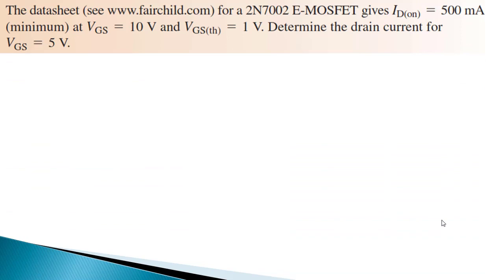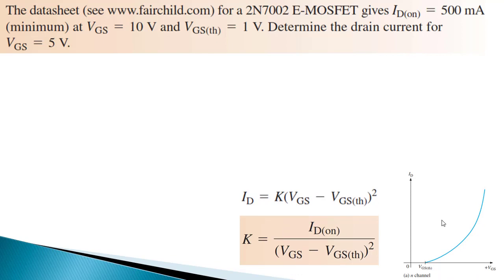Then a simple problem. From the data sheet of Fairchild.com, one of the FET manufacturers, the 2N7002E MOSFET gives ID on equal to 500 milliamps. I already told you ID on is available in the data sheets of a particular MOSFET.